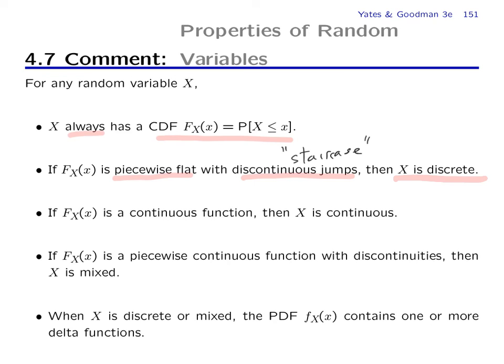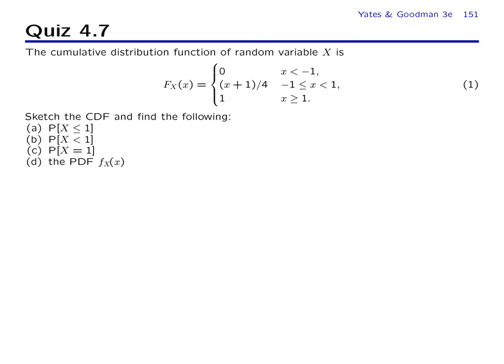On the other hand, if F of x is a continuous function, then x is a continuous random variable. And finally, if the CDF is piecewise continuous but has some discontinuities, then x is mixed. And if x is discrete or mixed, then the PDF of x has to have one or more delta functions.